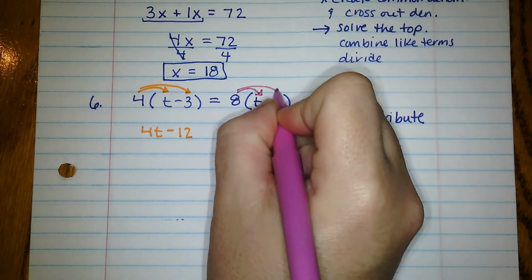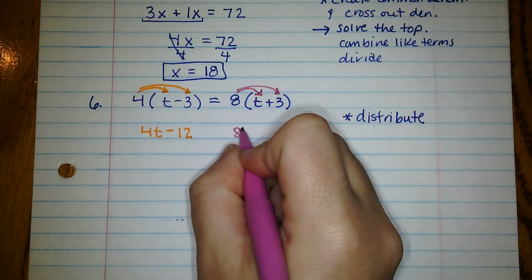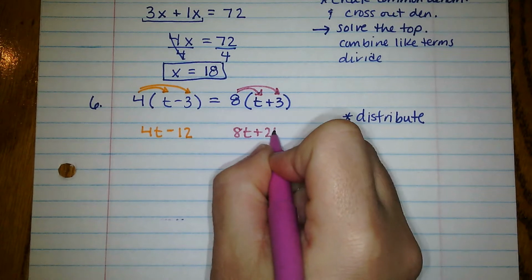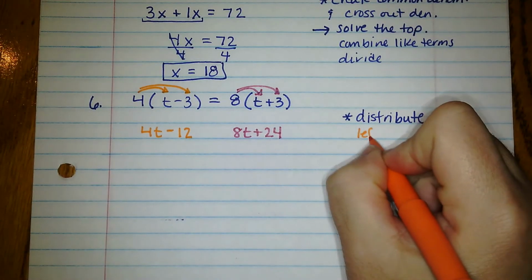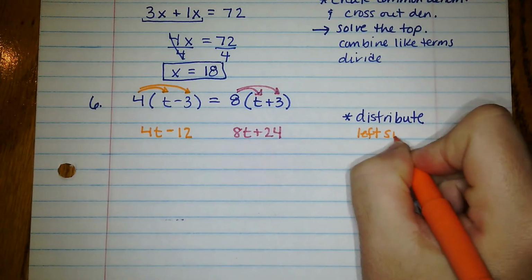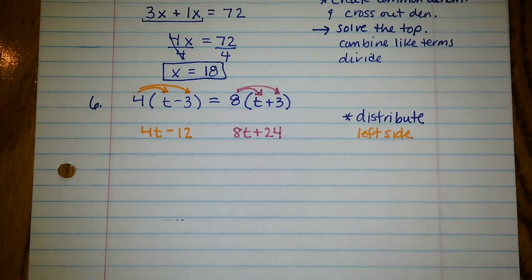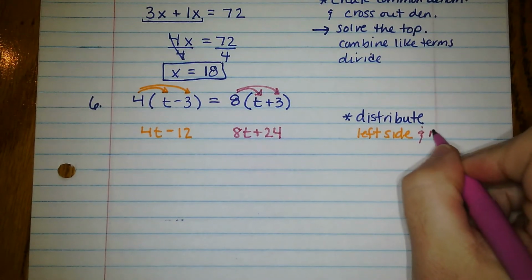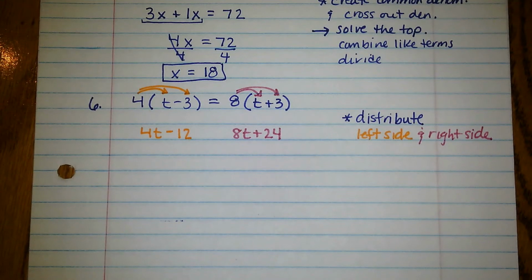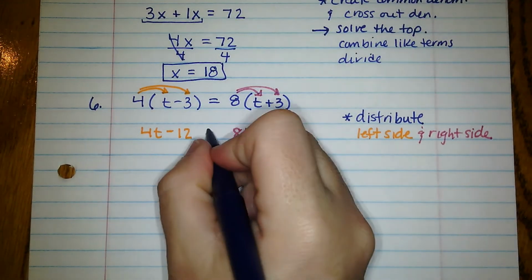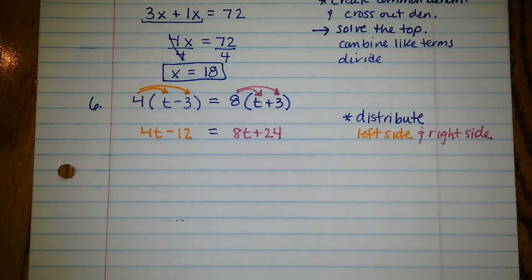Ooh, that's pretty. And that's going to give you 8t plus 24. So you have to distribute the left side and the right side. Don't forget there's an equals between them. Basically, I just wanted to show you that you needed two different distributive properties going on there.